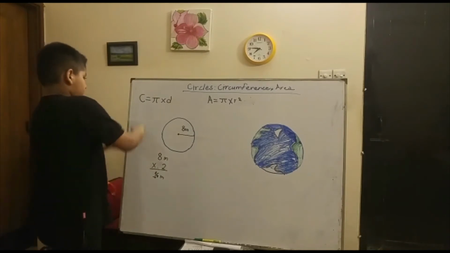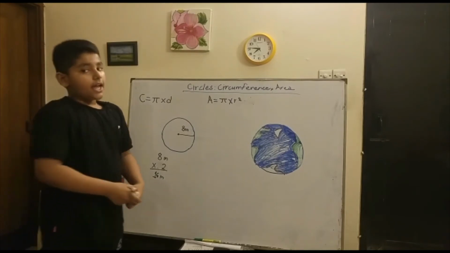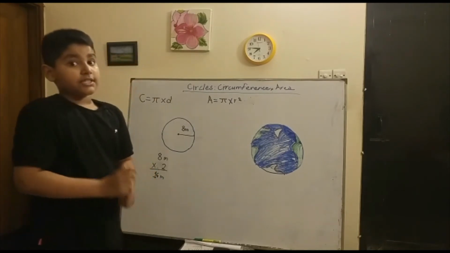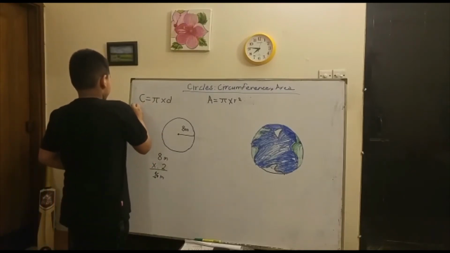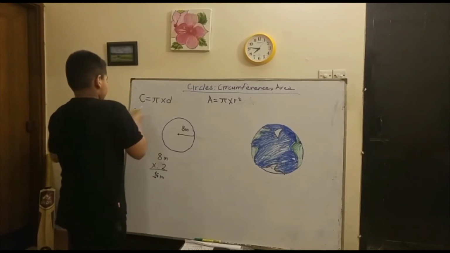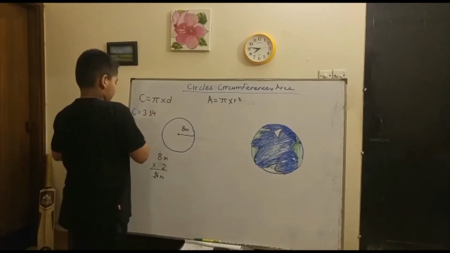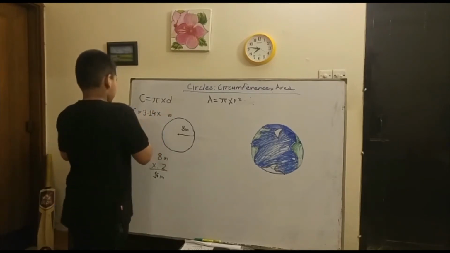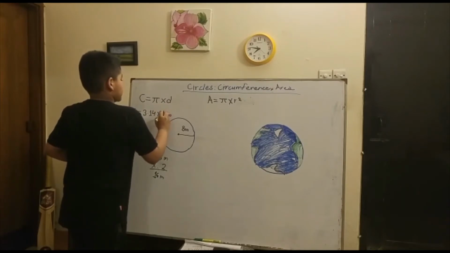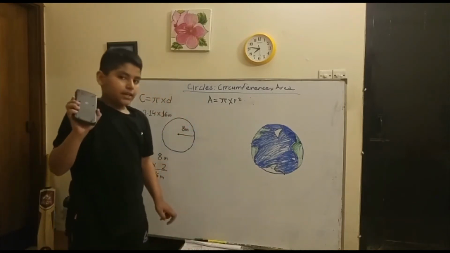So as we see this in action, we can plug in the value for pi as 3.14. So we can conclude circumference equals 3.14 times 16 meters. Now since this is decimal arithmetic, you can always use a calculator.